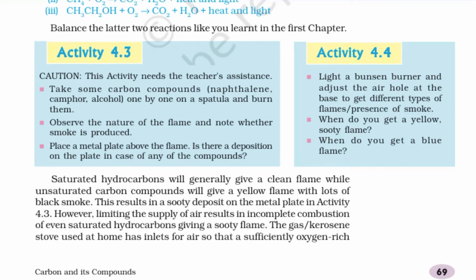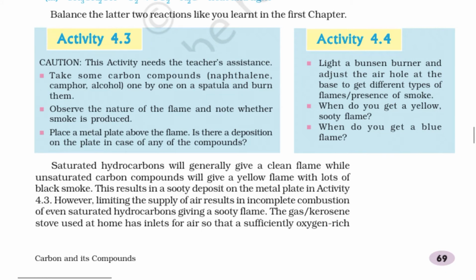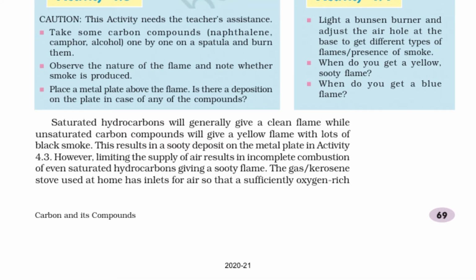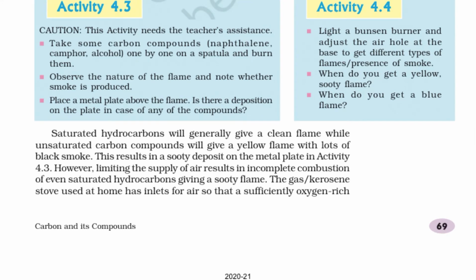Now light a Bunsen burner and adjust the air hole at the base to get different types of flame and presence of smoke. When do you see a yellow or sooty flame, and when do you get a blue flame? The saturated carbon compounds, which do not have any double or triple bond, will generally give a clean flame, while unsaturated carbon compounds will give a yellow flame with lots of black smoke.